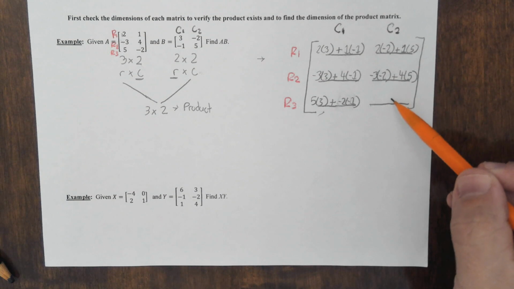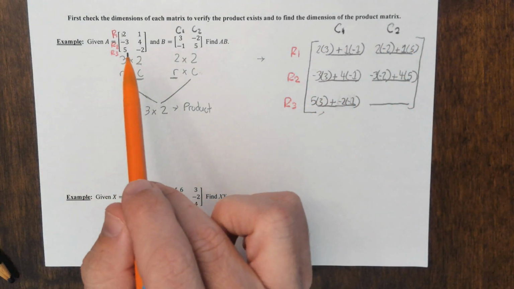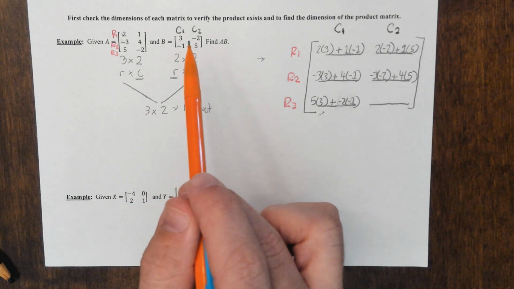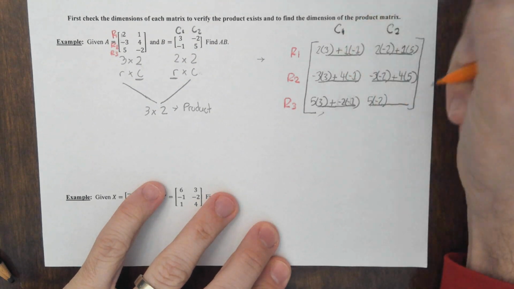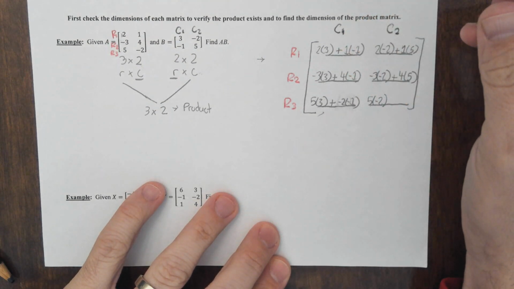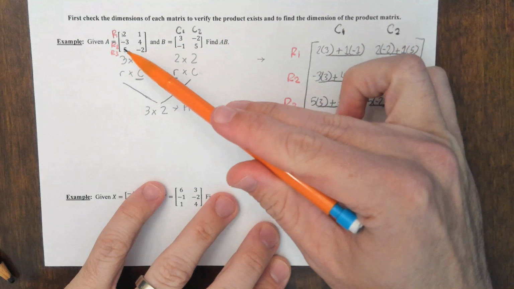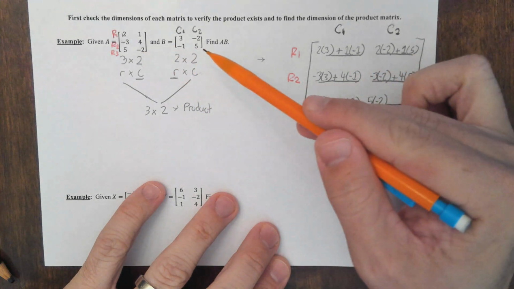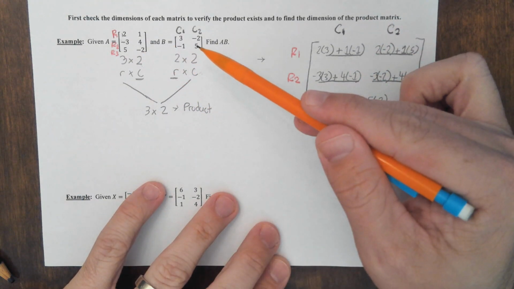Okay, last element here. Now we're just doing row 3 times column 2. So the first element in row 3, 5, times the first element in column 2. So 5 times a negative 2. Then second element in row 3 times second element in column 2.